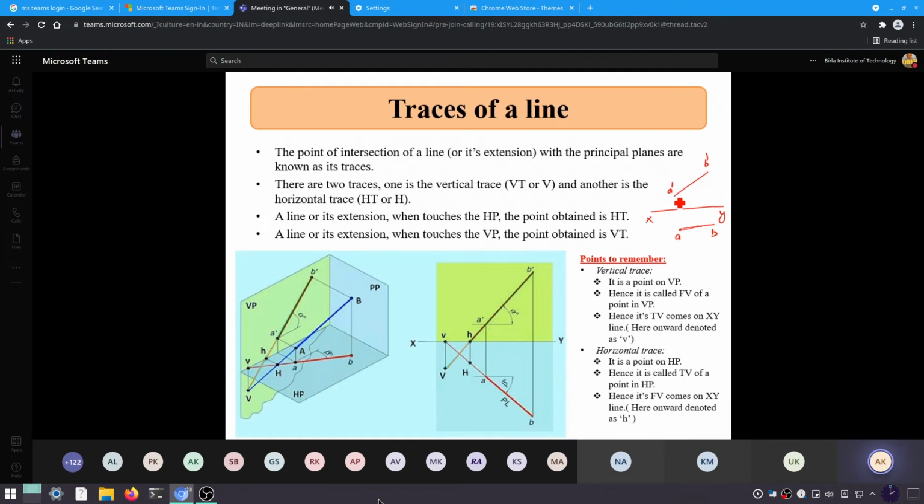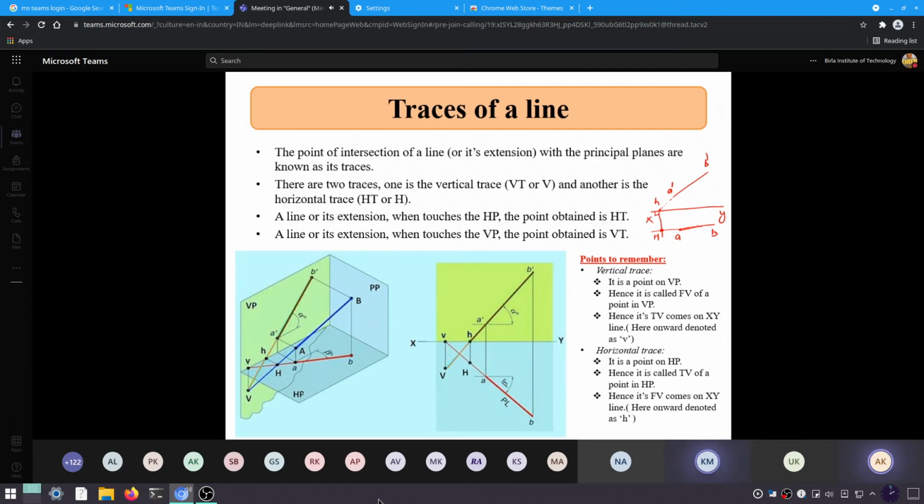If we extend it further, we'll get this point h. And if we draw a straight line from here and extend it further, you'll get capital H like this. You will not get v and capital V in that case. Got it?